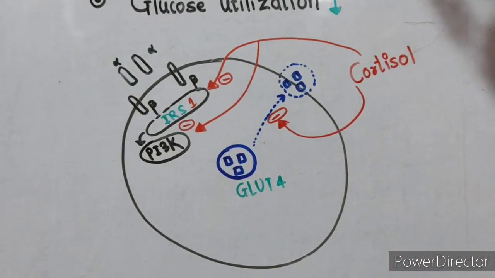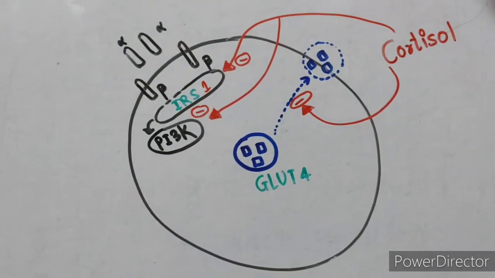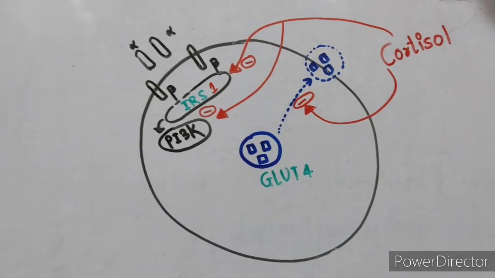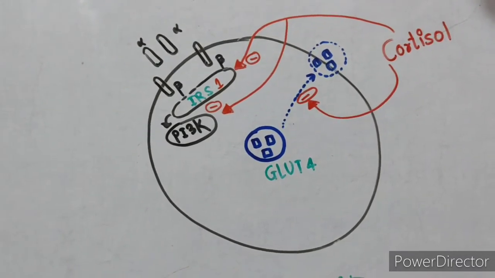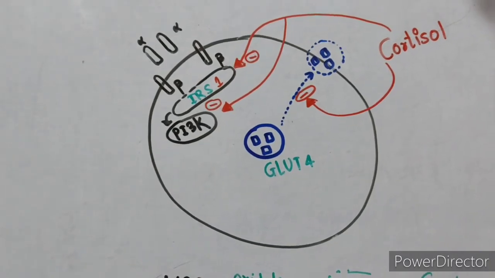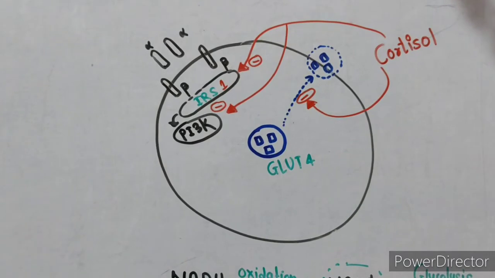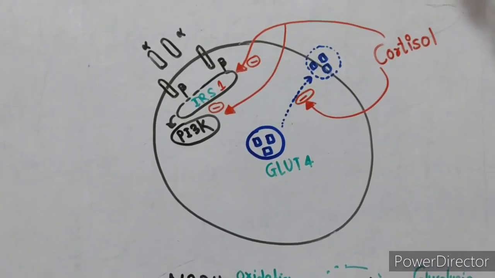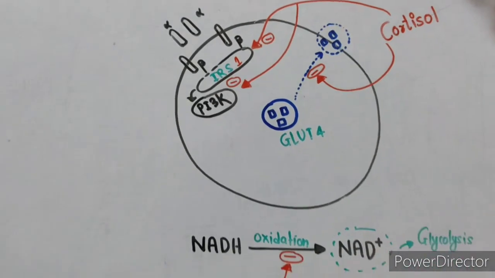Next, cortisol inhibits the expression of insulin receptor substrate 1 and PI3K, which are the downstream signaling pathways of insulin action. So though there is insulin, it cannot act. This is called insulin resistance. The function of insulin is to utilize glucose, and glucose will not be utilized.